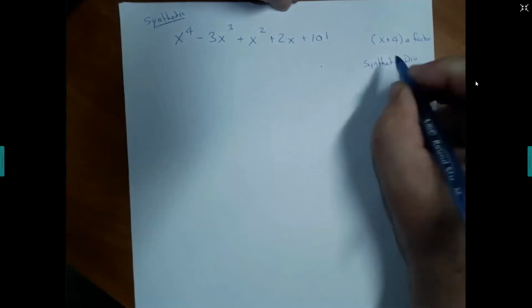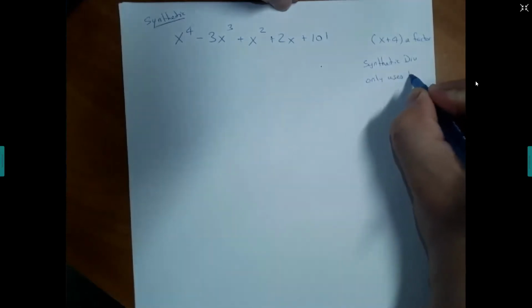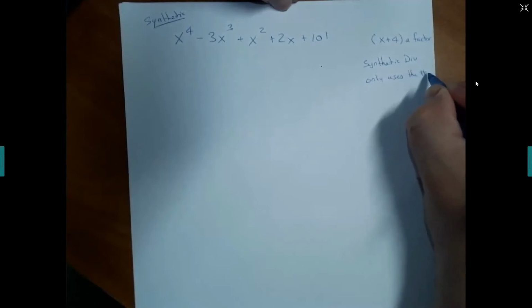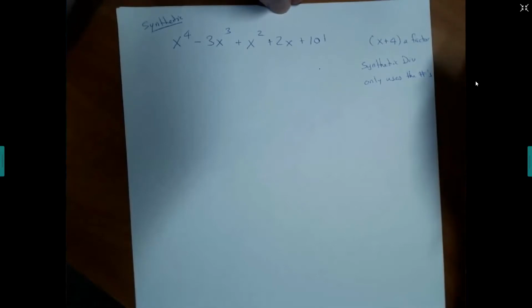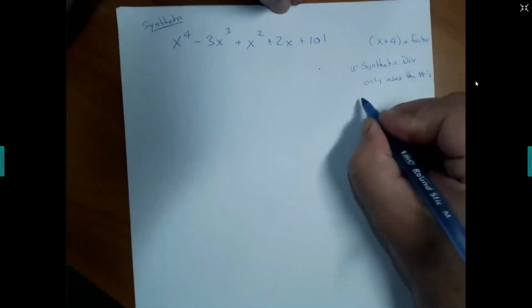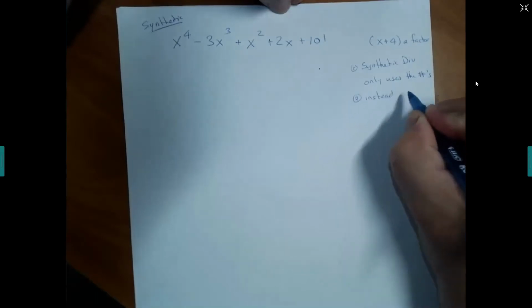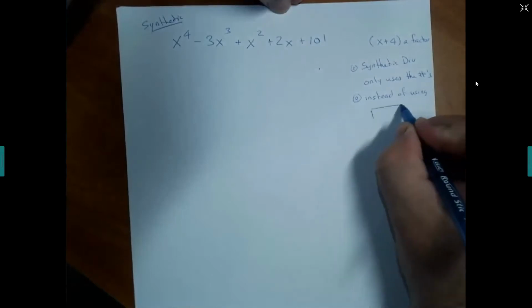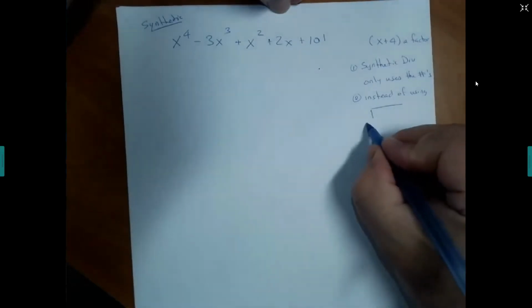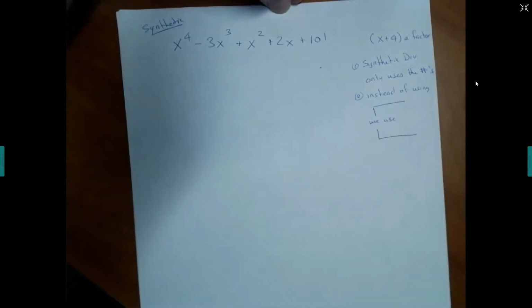Synthetic division only uses the numbers. There are no x's when we do synthetic division. Instead of using this division box, we use that division box.